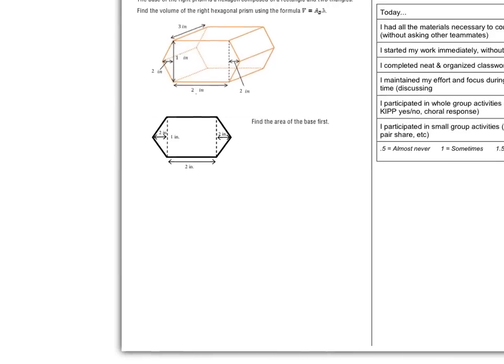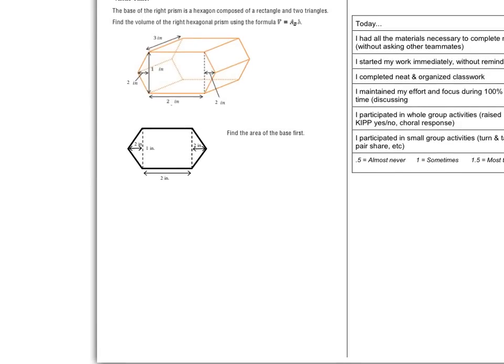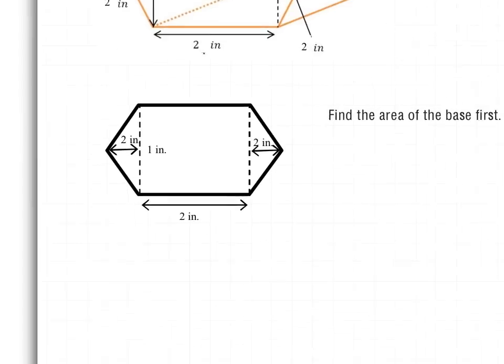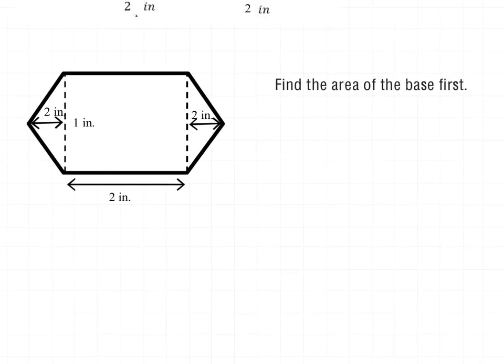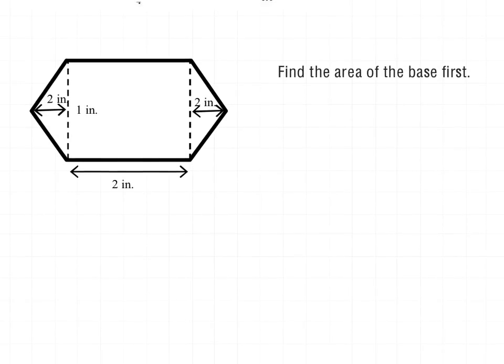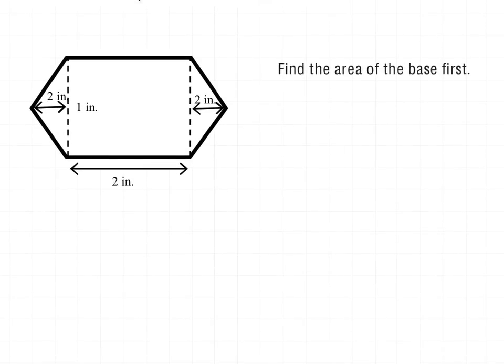And just as a quick heads up, when we're looking at this particular problem, we're going to have to find the area of this base first, which is a little bit more complicated than any of the bases that you have found so far. Notice that one way to find the area of the base would be to break it up into a rectangle and 2 triangles.